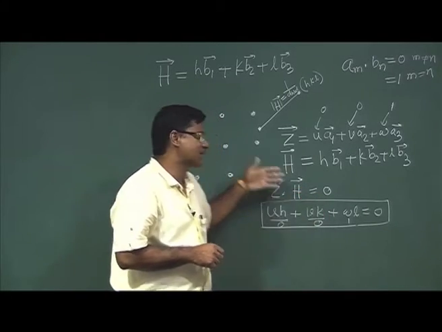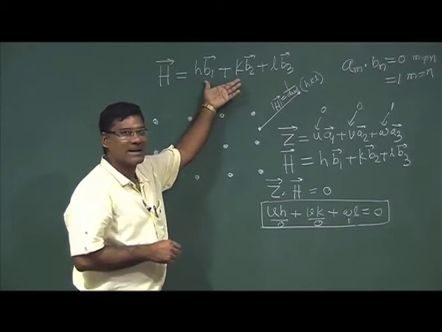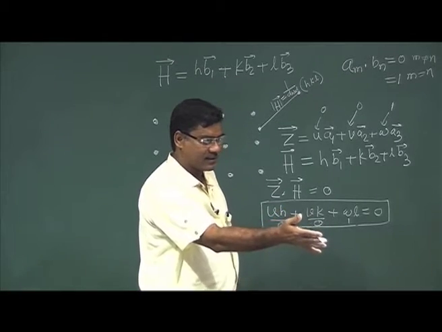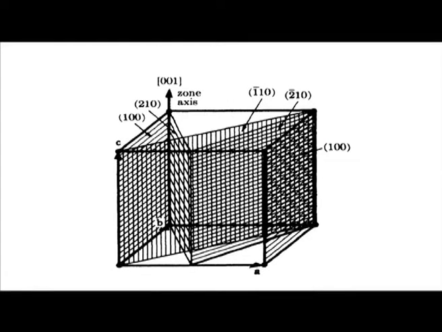Taking help of this reciprocal vector, for many planes, I can see these 5 planes, and I have to find out the Miller indices of these 5 planes. I can immediately identify one index, that is L, that is 0. I will put L as 0 first, then look for the other H and K values for the different planes.